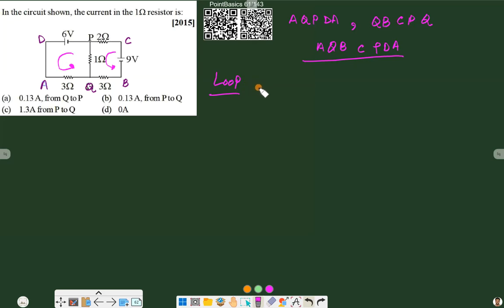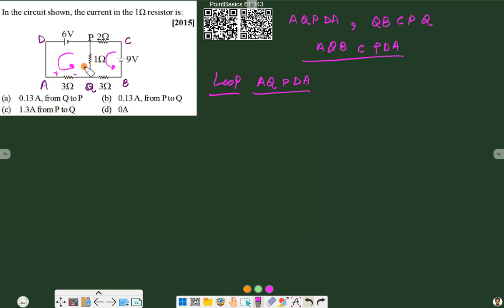Loop A, Q, B, D, A. This is the loop we are considering here. So in this loop, current is flowing anti-clockwise. So this point will be positive for this resistance as current is entering from this side, and negative for this resistance.